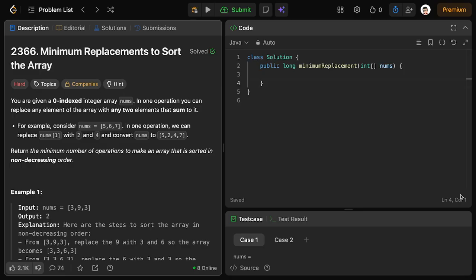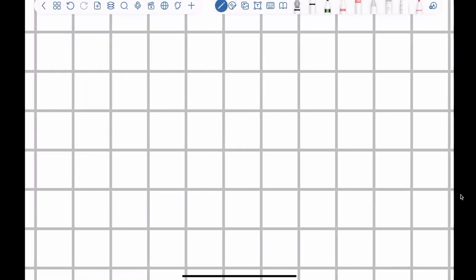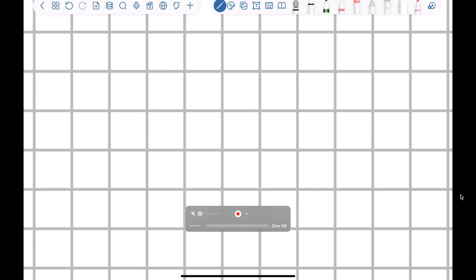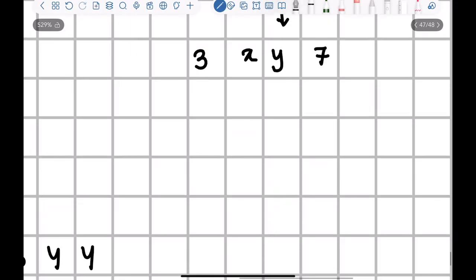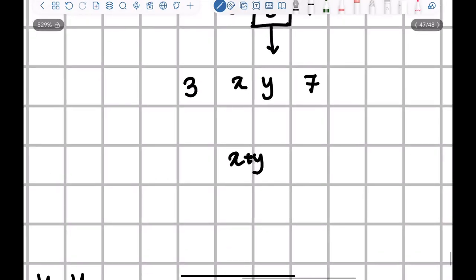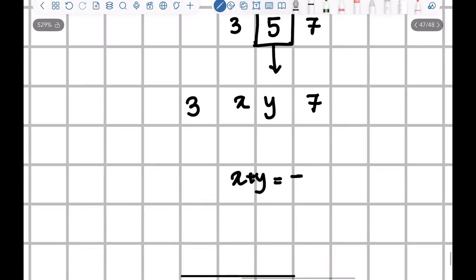I'll explain the operation that they're talking about. If you are given an array and you want to break a number down into two parts, those two parts x and y should be such that x plus y is always equal to the given number.